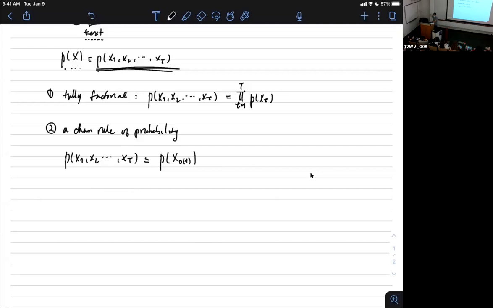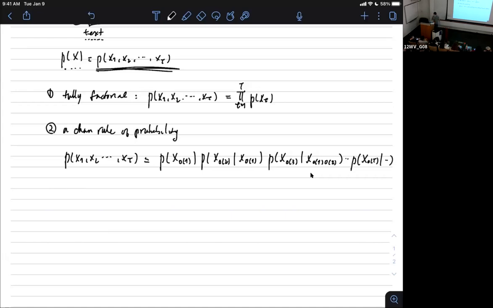We pick any position and ask what the probability of that word is. Then we multiply that by the probability of the second word, given the choice of the word in the first position. We can see the pattern. We do the same thing once more, and then we do it all the way to the end.